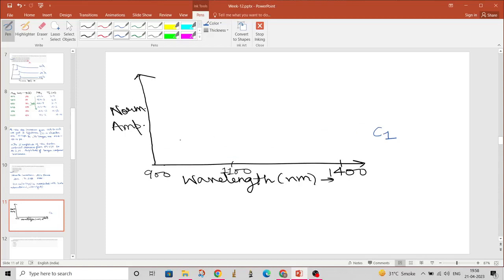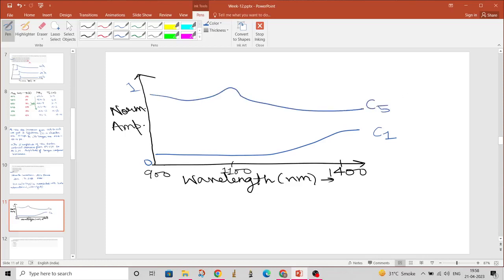And the C5 component, so this is normalized, this is 0 and here it is 1. For the longer component, the fifth component, it showed a plot like this, C5.